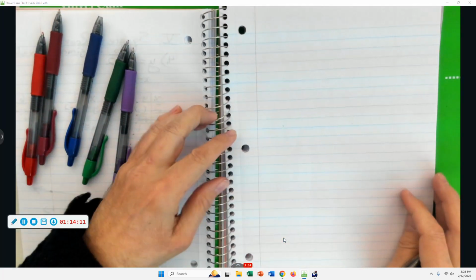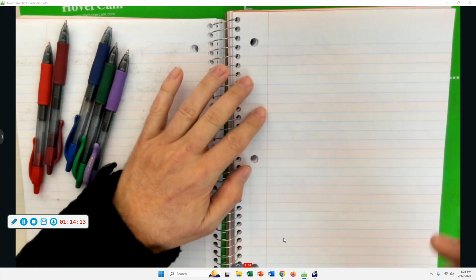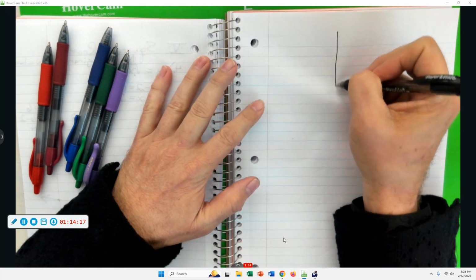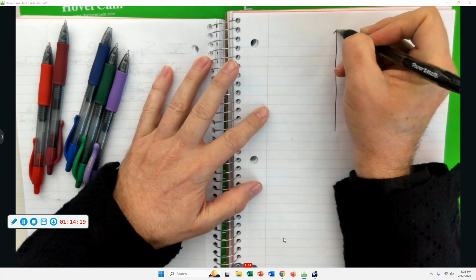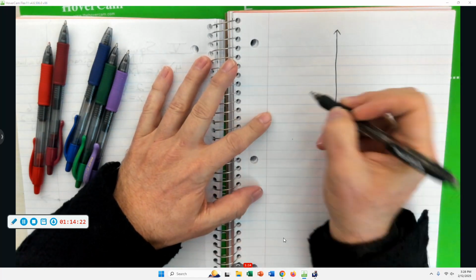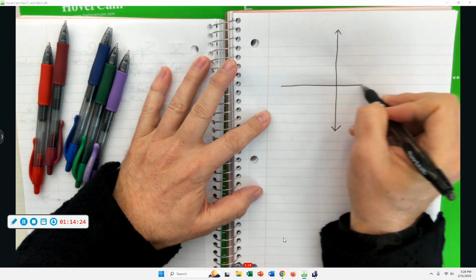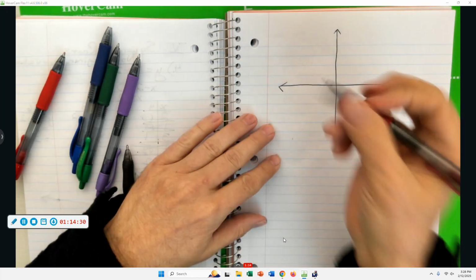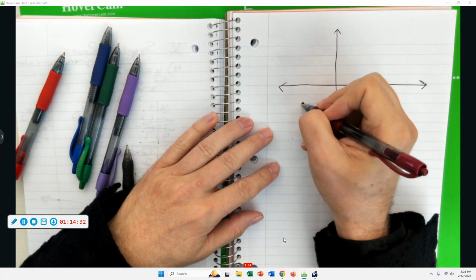Let's suppose we have 2 arbitrary ordered pairs. Let's suppose we have this first ordered pair I'm labeling right there.